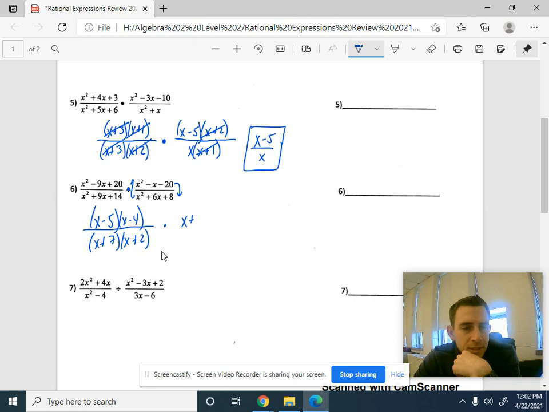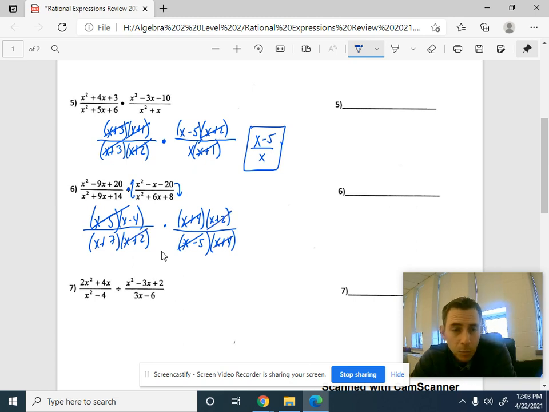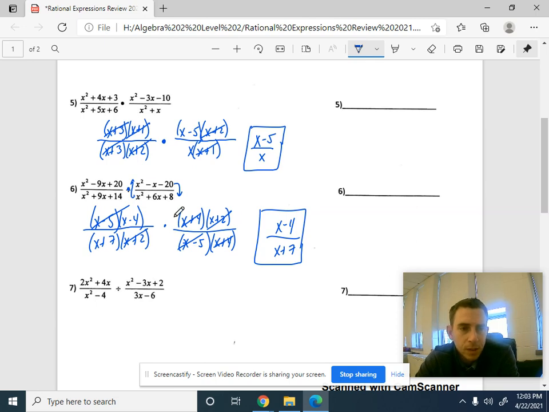Factors of 8, that could give me 6. That's now in my numerator. Factors of 20, that could give me a -1, would be in my denominator. X minus 5's are gone, the x plus 4's are gone, the x plus 2's are gone, and whatever remains, that's your answer. X minus 4 over x plus 7.